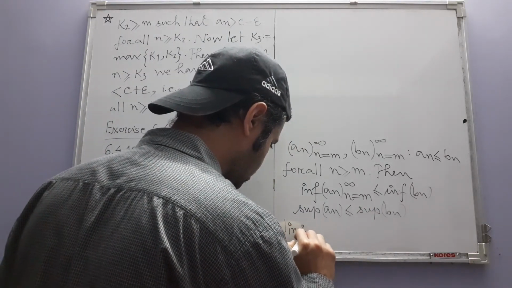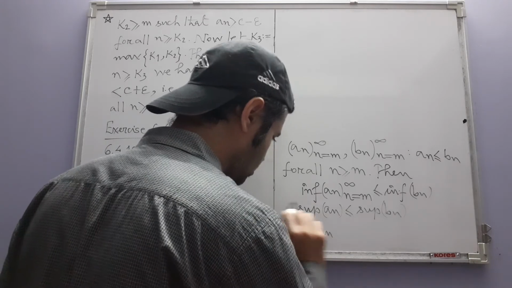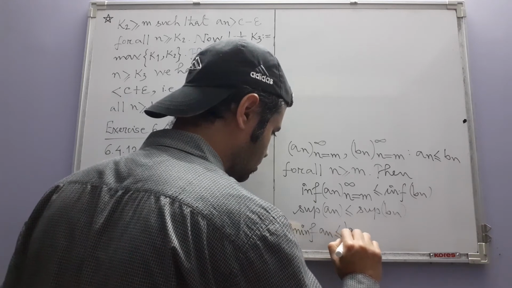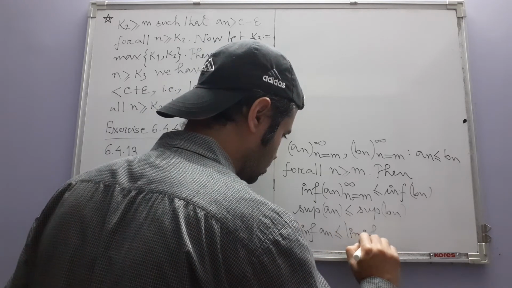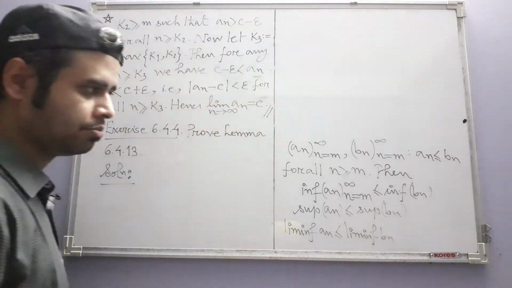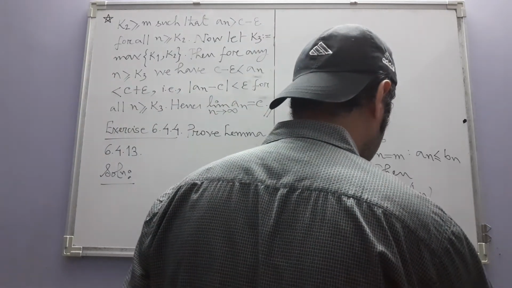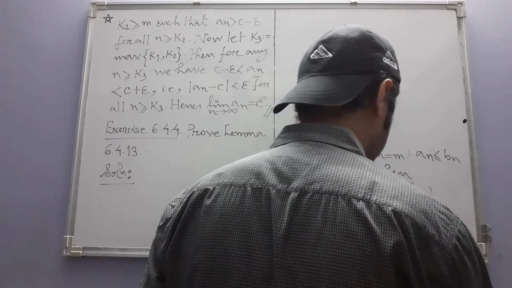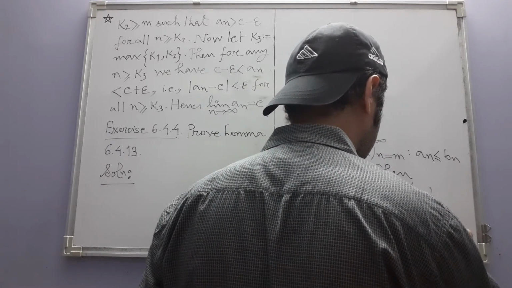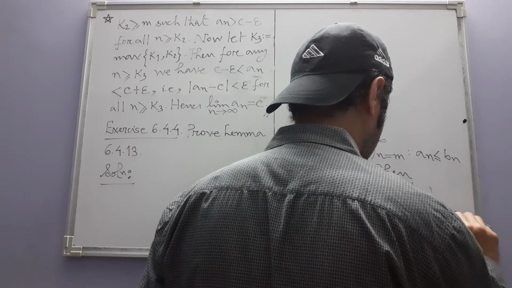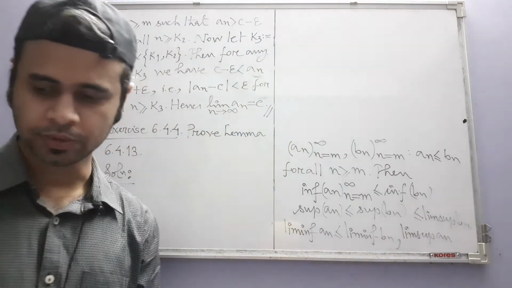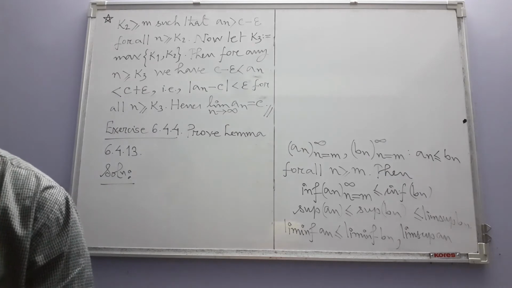Then the limit inferior of An is less than or equal to the limit inferior of Bn, and similarly the limit superior of An is less than or equal to the limit superior of Bn. So we are not going to prove these things, but some ink is needed.